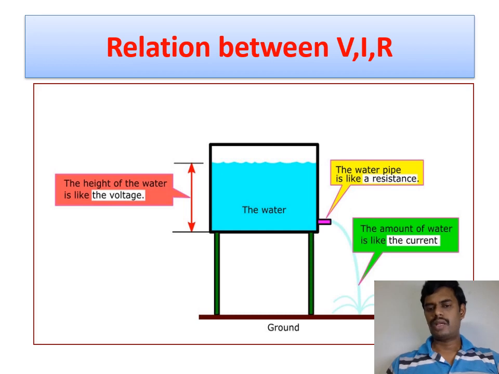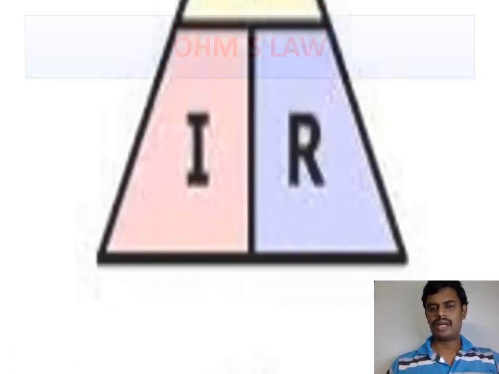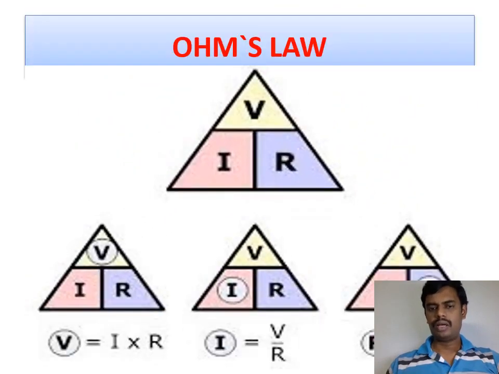The adjustment of the valve can be treated as resistance, and the flow of water can be treated as current. According to Ohm's law, V = IR, or I is proportional to V, where R is the resistance of the particular element, V is the voltage, and I is the current.